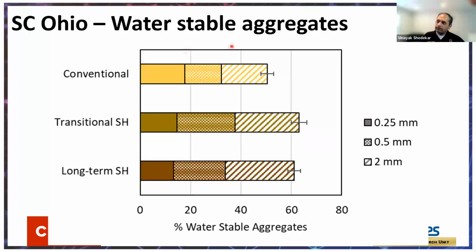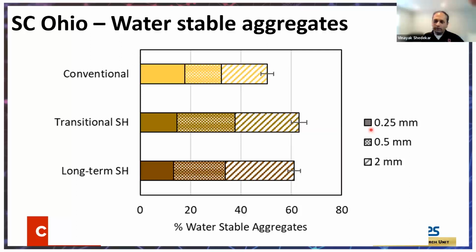Physical properties: aggregate stability is a very good indicator of the physical property. It shows you how resilient the soil may be to natural forces like wind erosion or soil erosion. These are different fraction sizes of aggregate. A 2 millimeter aggregate is the largest that you can expect, then 0.5 millimeter and 0.25.